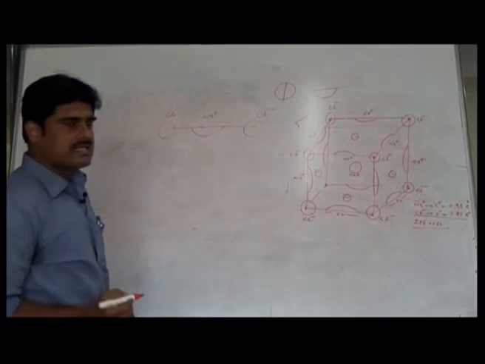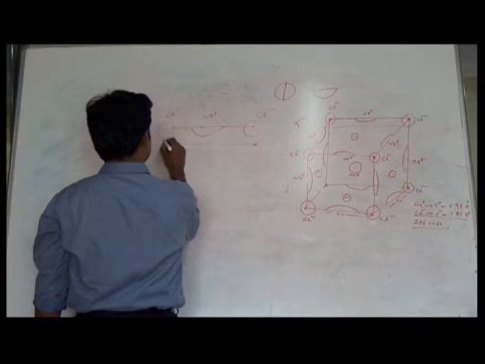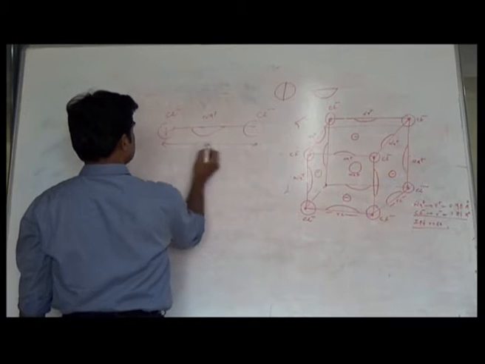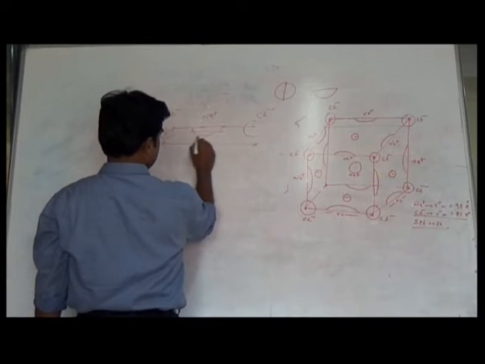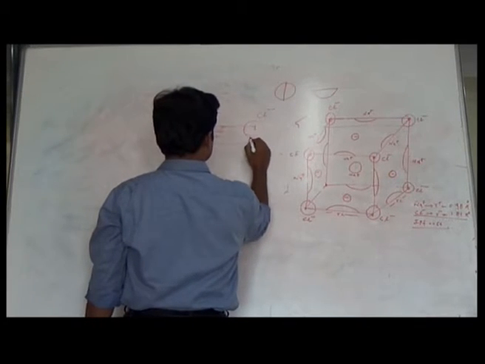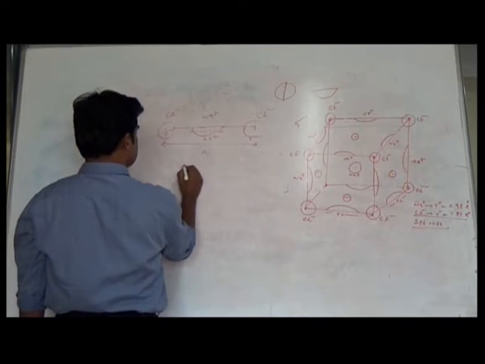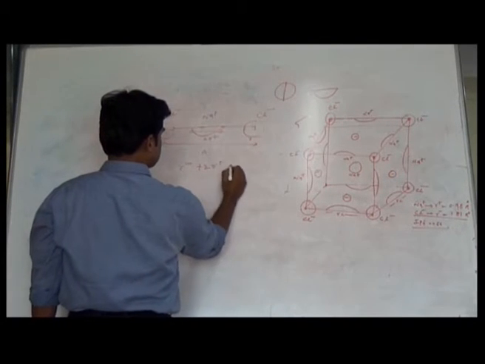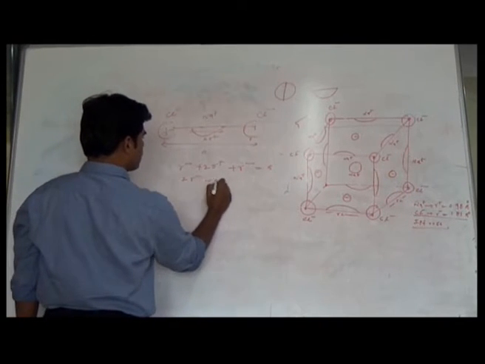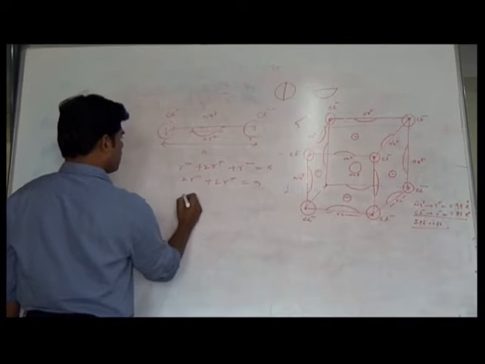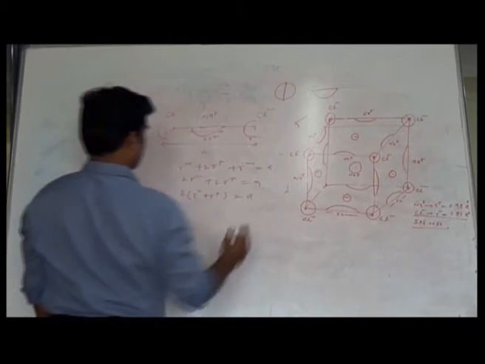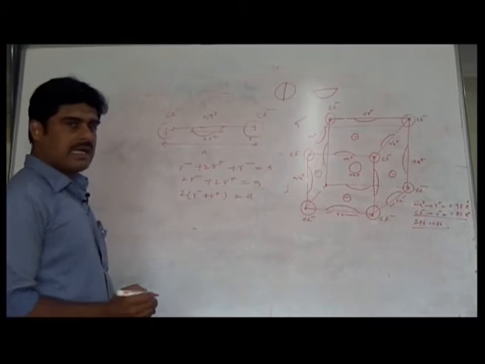The edge calculation states that if the entire distance is called A, this we will call R minus, and this will be entirely, because it is the entire diametric distance, 2R plus, and this distance again will be R minus. So I will have R minus plus 2R plus plus R minus equal to A. It means 2R minus plus 2R plus is equal to A, so R minus plus R plus times 2 is equal to A. We'll require this at some point of time.